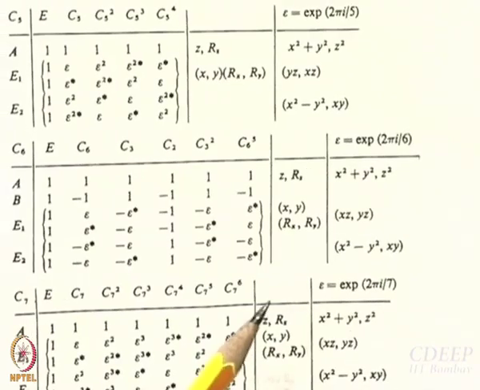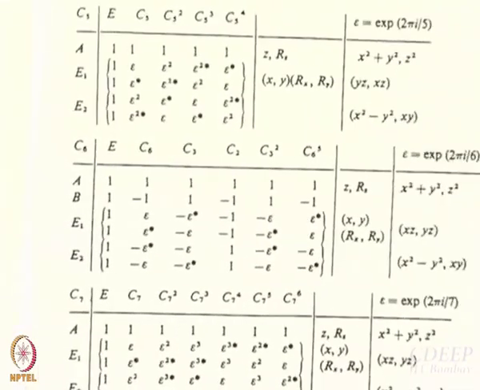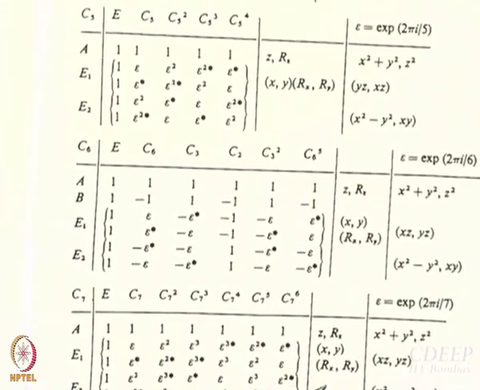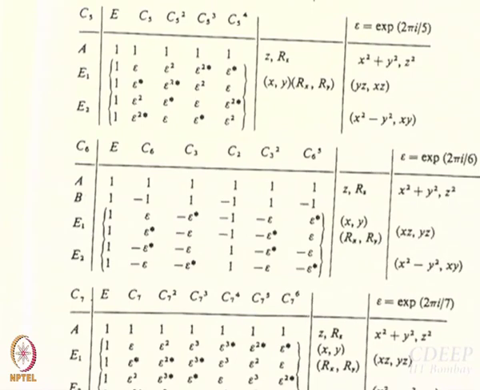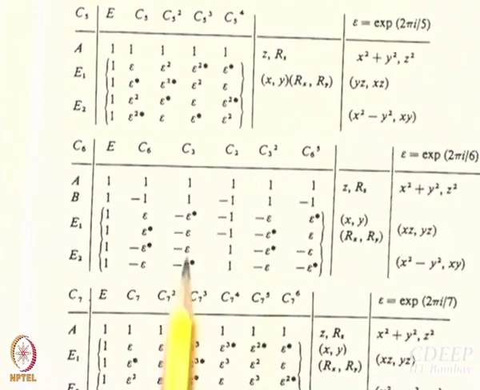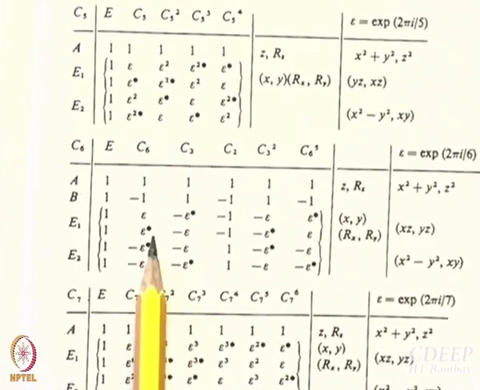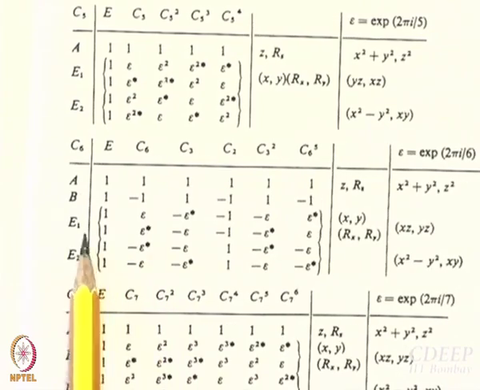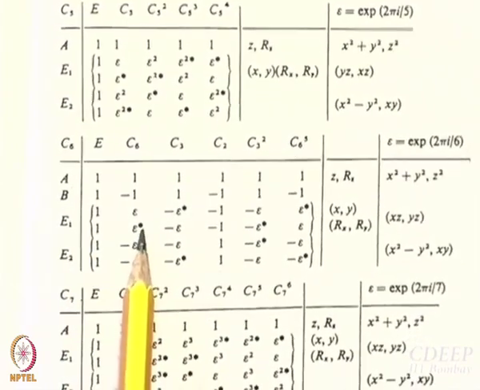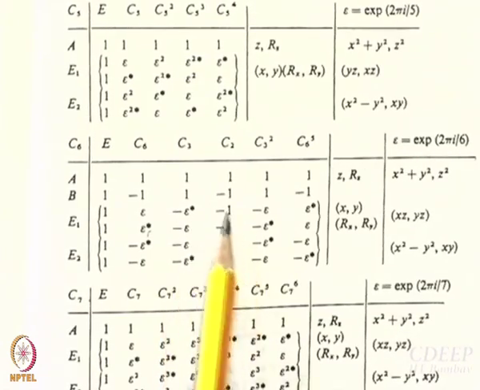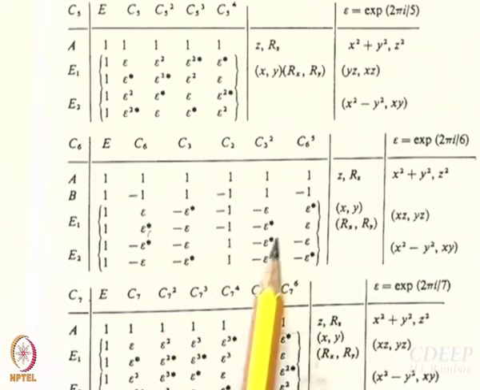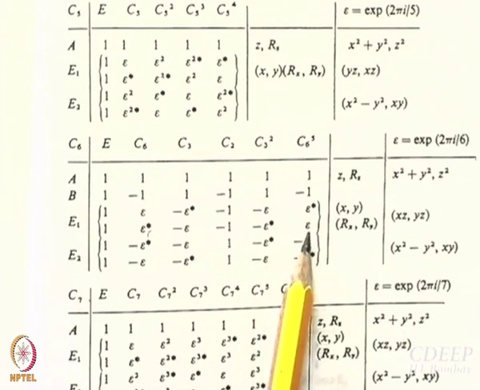Okay. Now can you see? And can you see? See? Epsilon, epsilon star. Look at E1. Epsilon, epsilon star, under the same operation. Minus epsilon star, minus epsilon, minus 1, minus 1, minus epsilon star, epsilon.